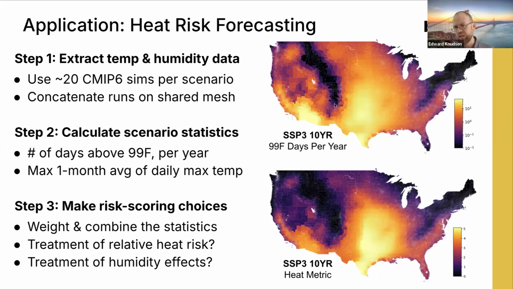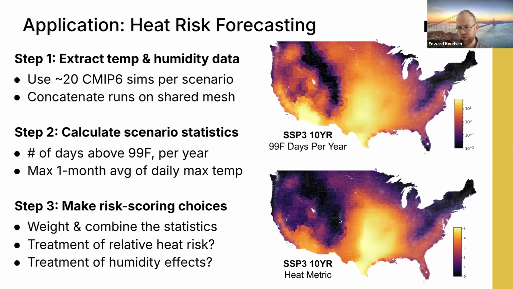What I'm showing on the right here is one of these metrics. On the top, you see the number of 99-degree days per year in the US. Obviously, we get concentrations in the Southwest and through Central California and around Texas. And then when we look at this aggregated heat metric that comes from combining this 99-degree statistic with other statistics, you see something that looks similar, but it's a little bit different.